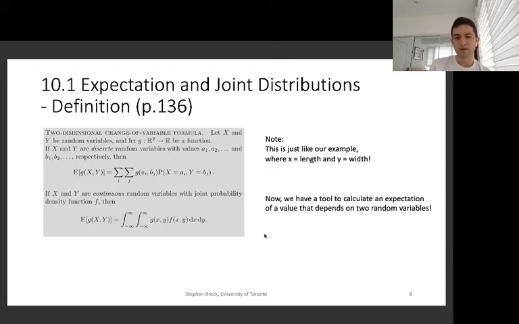So now we have a tool to calculate an expectation of a value that depends on two random variables. So we previously had seen one random variable, now we have two. And in fact, if we wanted to extrapolate this to 3 or more random variables, it would be the exact same process.